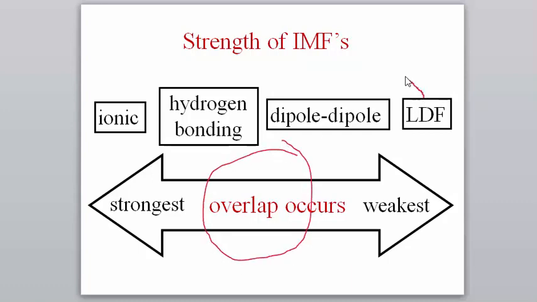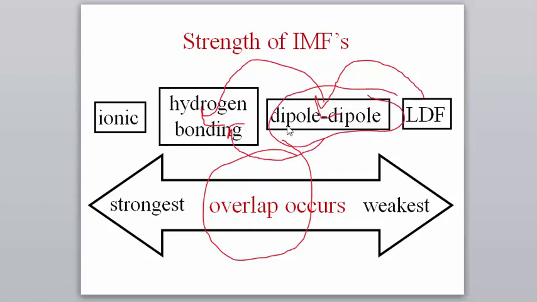As we said, London dispersion forces can be stronger than dipole-dipole, and they can even be stronger than hydrogen bonding. And dipole-dipole can be stronger than hydrogen bonding if there are a significant number of London dispersion forces. So you always want to look at those London dispersion forces as they are present in all molecules.